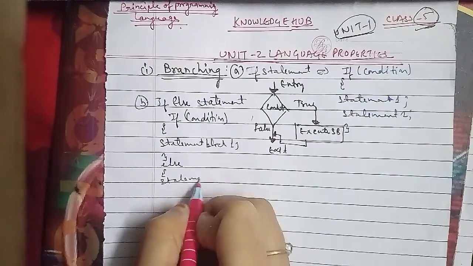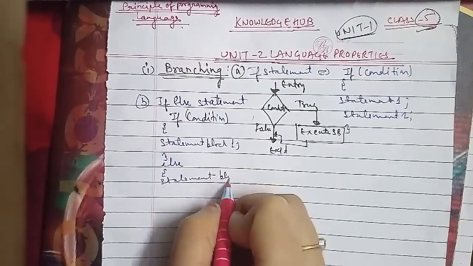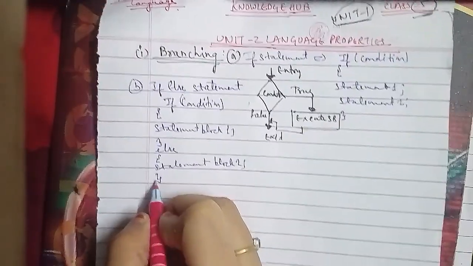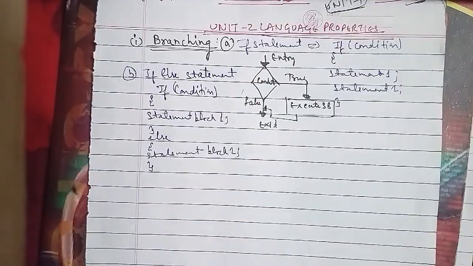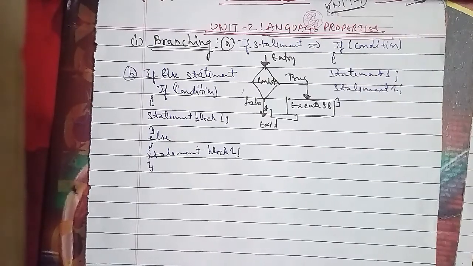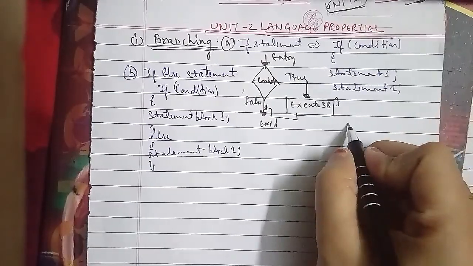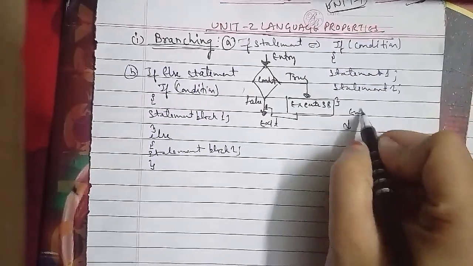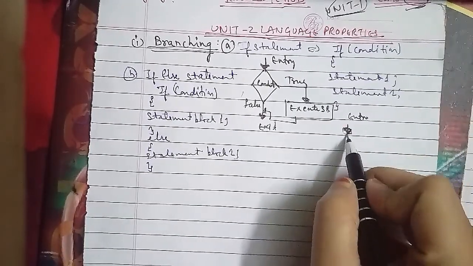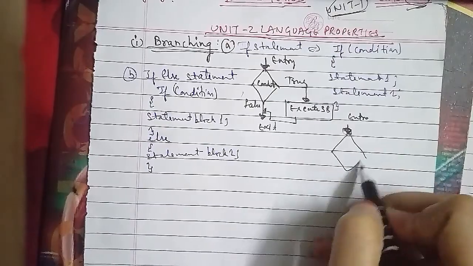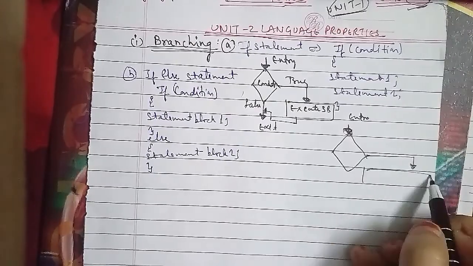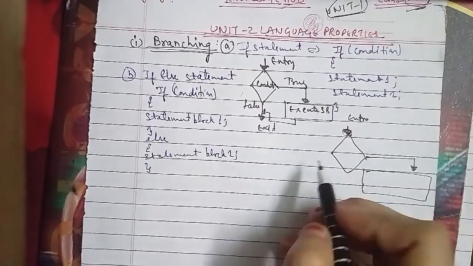This is your entry, and then we have the condition. If it is true, then this will happen. If it is false, then this will happen. And after both, it will exit.